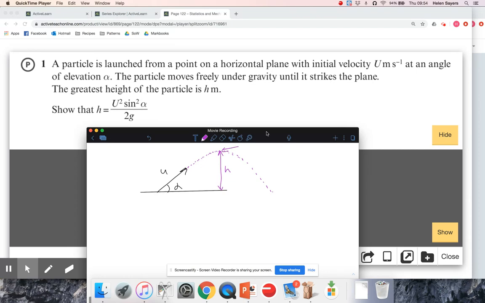So at that point, the vertical velocity, so I'll use v for velocity and subscript v for vertical, is 0. You've used that in plenty of other questions, now we're just using it in a general formulae one. So it's at its greatest height when its vertical velocity is 0.